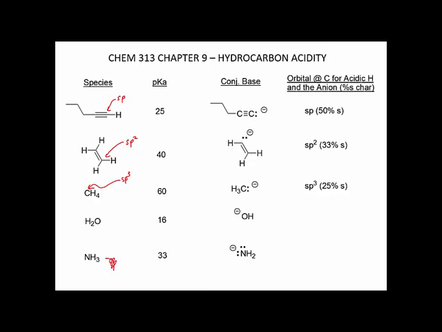The s orbitals get closer to the positively charged nucleus, and having excess electron density in an s orbital is a little bit of a stabilizing influence. The carbanion orbital, assuming it corresponds to the orbital that the hydrogen was attached to in the species on the far left, is 50% s in sp, 33% s in sp2, and 25% s in sp3.